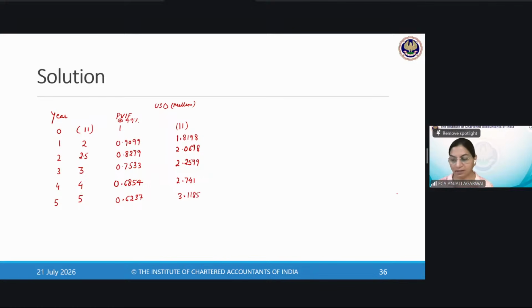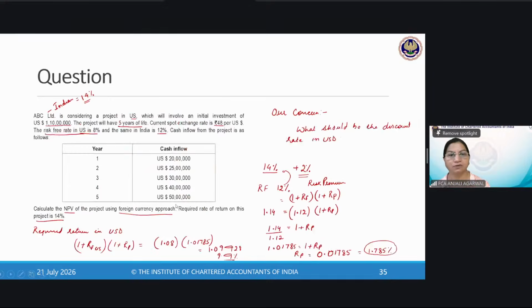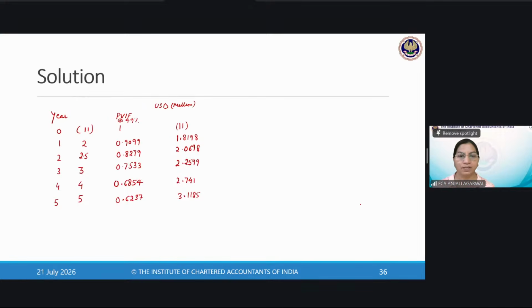There is no terminal inflow. You check out that. No terminal inflow, no working capital which will come back. You have to remember, otherwise, in the 5th year, you will have inflows from operations as well as some terminal inflow.